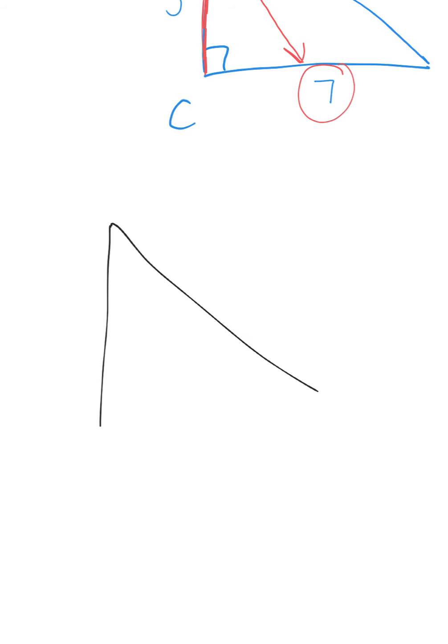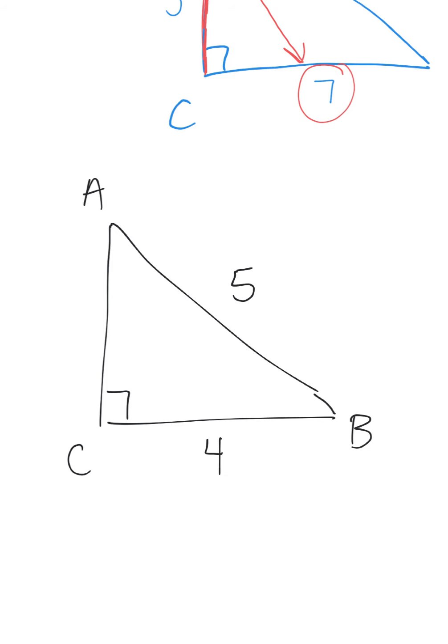Draw another right triangle. Make this your 90. This is A, B, and C. 5 and 4. I want to know the tangent of A. What do you guys think?